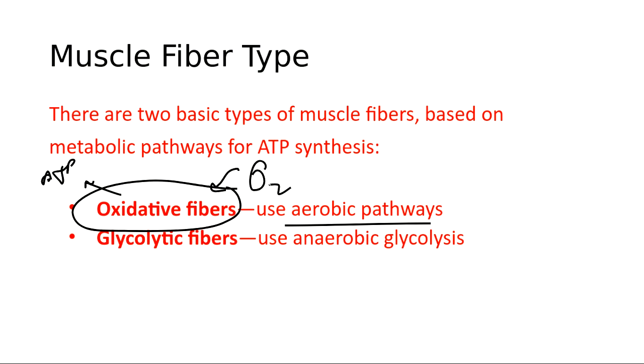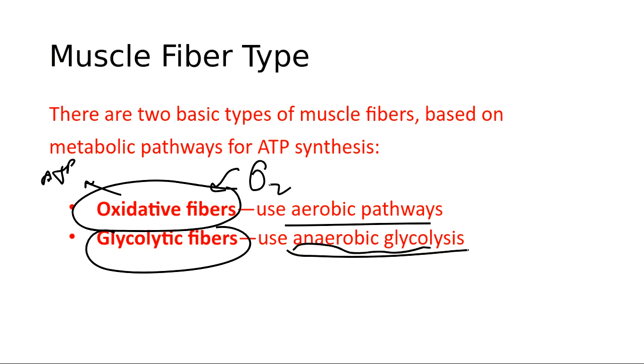On the other hand, the glycolytic pathway uses anaerobic glycolysis to make ATP. That is, it's not going to make as much ATP, and the ATP will come from fermentation. Glycolytic fibers are going to use anaerobic respiration, or anaerobic glycolysis.